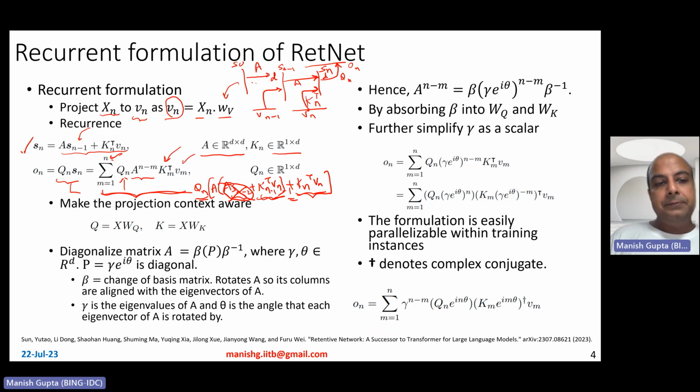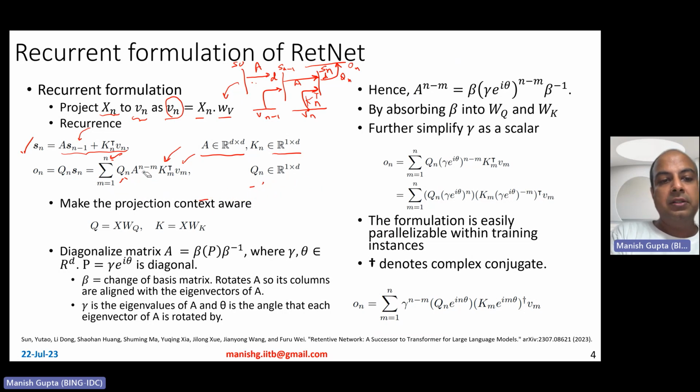So that's how we have, in short, written out the formulation of On. On is the embedding of this particular token that you would want to pass to the feed forward layer.